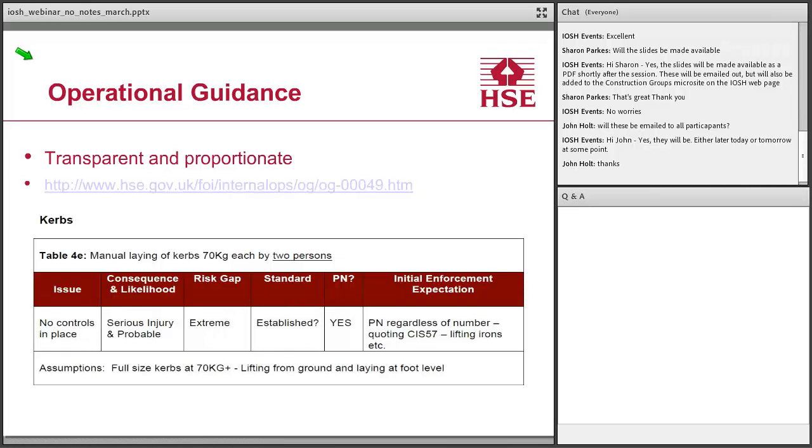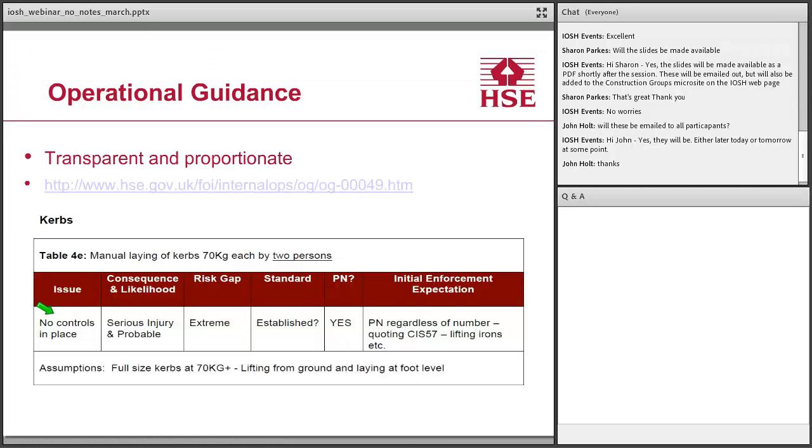Part of the guidance will give specific requirements, specific for tasks. So the one you've got an example here is for the manual laying of curbs of 70 kilograms by 2 persons. And when there's actually no controls in place, so the men, and they usually are men, are lifting the curbs from ground level and placing them ground level.